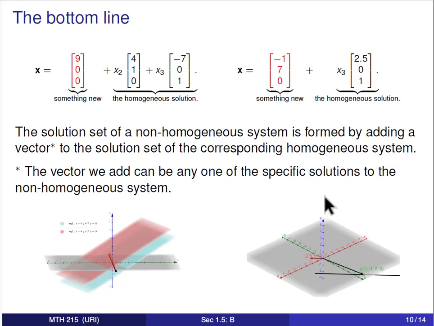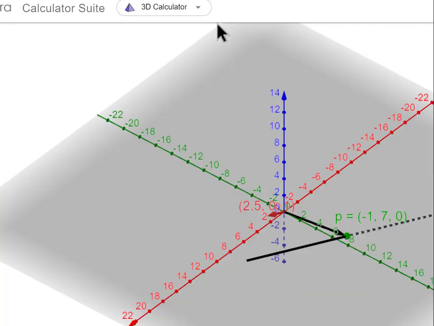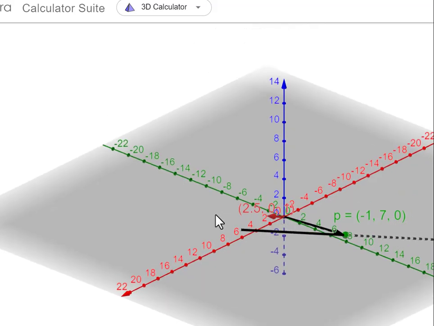So let's take a look at this second example. We ended up with (-1, 7, 0) plus x3 times (2.5, 0, 1) as our solution set for the system this came from. If we take a look at GeoGebra, we've gone ahead and graphed these.